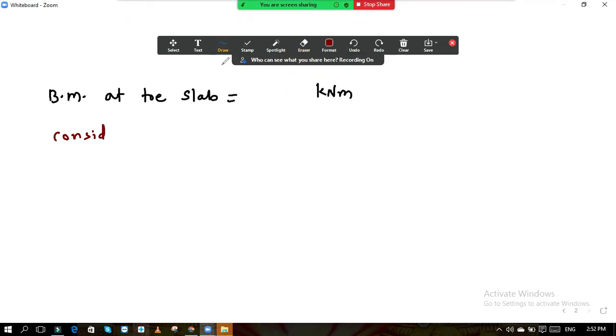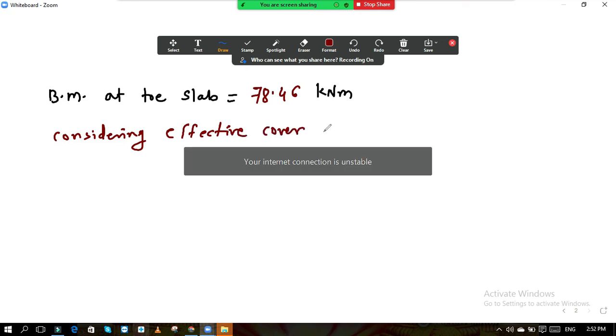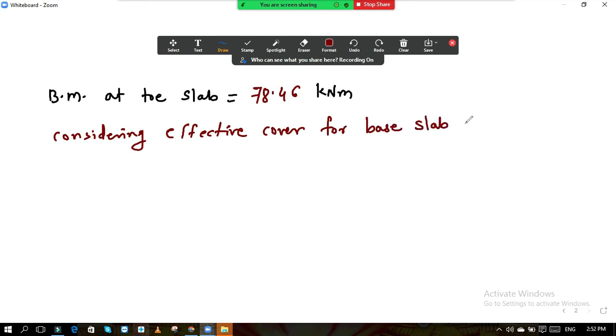Okay. This value is 78.46. So considering effective cover for base slab as 60 mm. 60 mm we will consider the effective cover for the base slab.